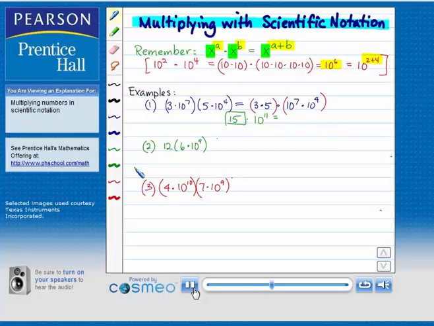Okay, the decimal point is right here, so I'm going to move it one place to the left. That's going to be 1.5, so times 10 to the first. That's just the number 15. And that's being multiplied by 10 to the 11th. All right, well, 10 to the first times 10 to the 11th, you can add the exponents. 1 plus 11 is 12, so that's going to give me 1.5 times 10 to the 12th.